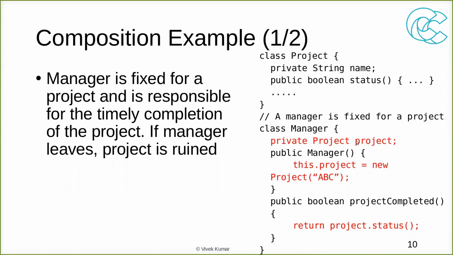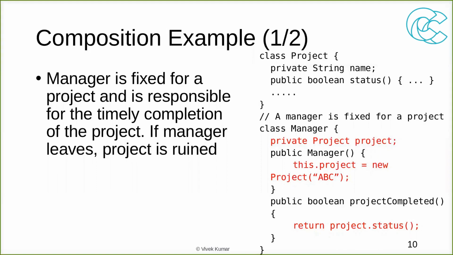Now what happens here is, let's say there is an instance of manager called M1, and you are creating a new instance of project which is P1. So manager M1 is handling project P1, right? If M1 ceases to exist, P1 also doesn't exist, right? Because you created P1 within M1. So in that sense, the life of P1 depends on the life of M1.